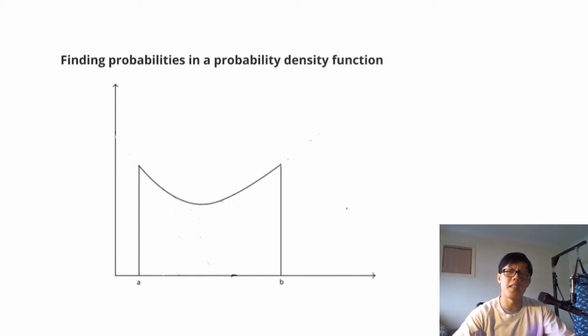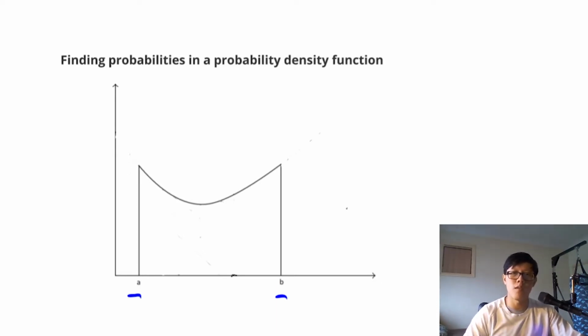So we have to deal with these in a different way, and namely it's using a probability density function. So these are normally defined between two values, and it's just a function. And the way we define probability is that it's the area underneath the curve.